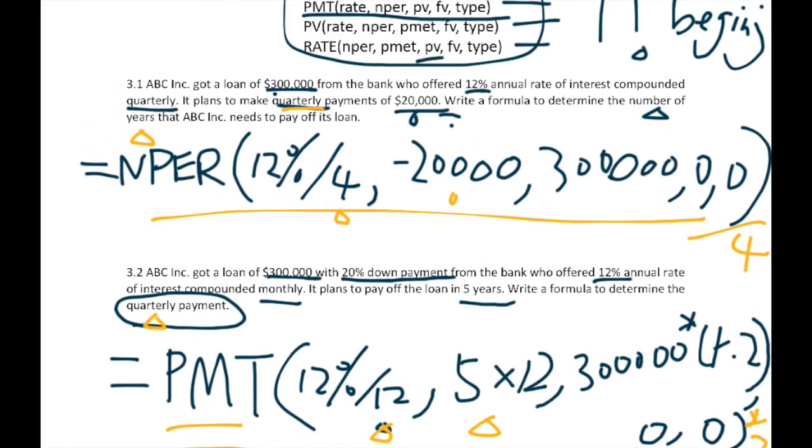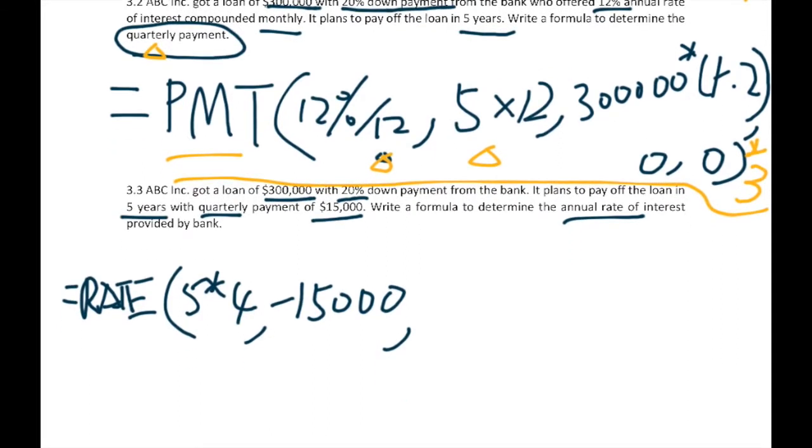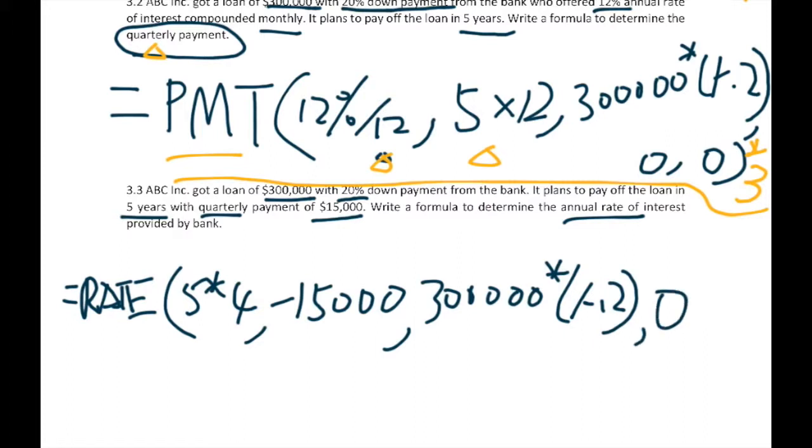Then the present value is the same 300,000 times 1 minus 0.2. Future value we assume is 0, and type we assume is 0.